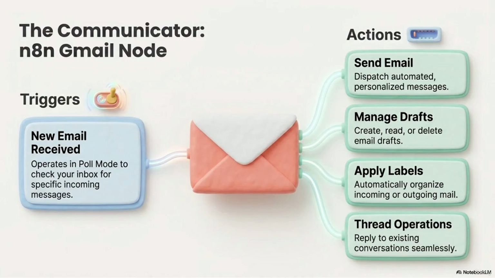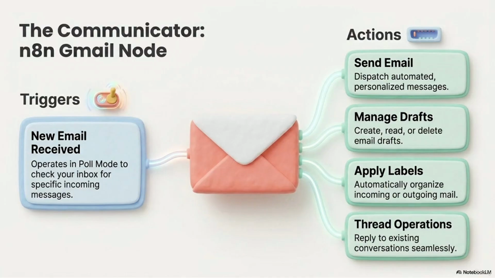And once triggered, the node lets you fully automate how you handle email. Beyond sending messages, it can trigger automatic replies and follow-ups based on events in your workflow, so your inbox runs without manual input. You can manage emails by marking them as read or unread, deleting them, organizing them with labels, and these labels can be added or removed automatically to keep your inbox clean and searchable.